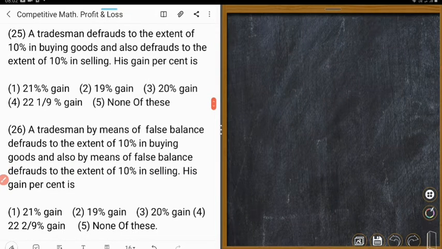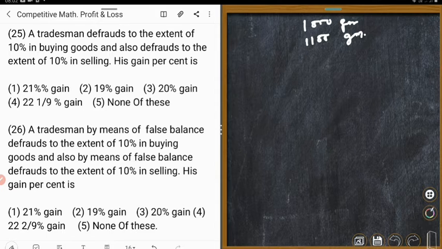Next one is 25. A tradesman defrauds to the extent of 10% in buying goods and also defrauds to the extent of 10% in selling. In buying and selling, in both the cases. So that means instead of 1000, he brings 1100 grams. Again, he sells them.